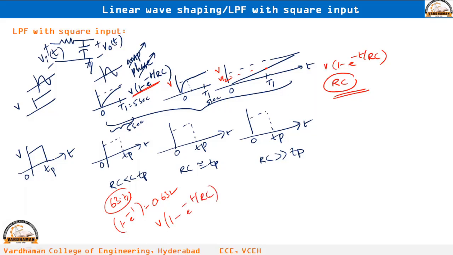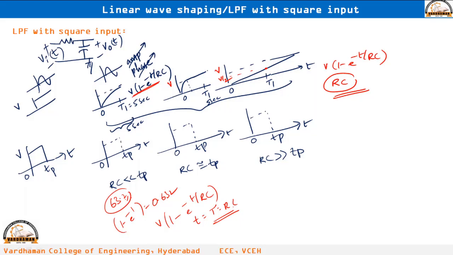RC is fixed, e is fixed, 1 is fixed, capital V is fixed, but t is the variable. So if you take t equal to tau, that is equal to RC, then RC by RC becomes 1, that means 1 minus e power minus 1, whose value is 0.632 times V. That means 63.2% of V can be obtained if you complete one time constant amount of time.